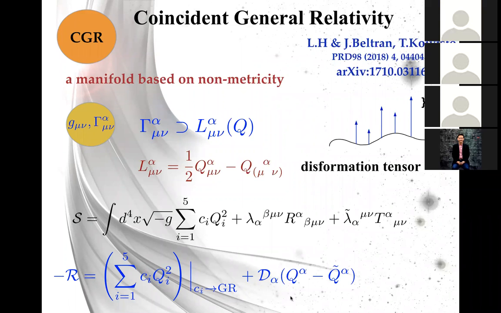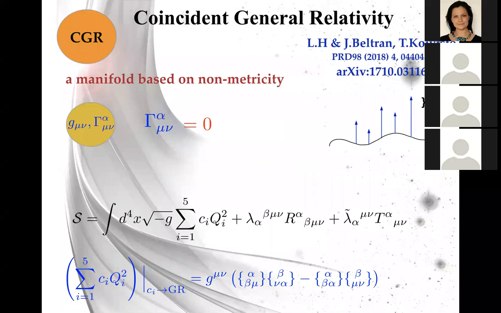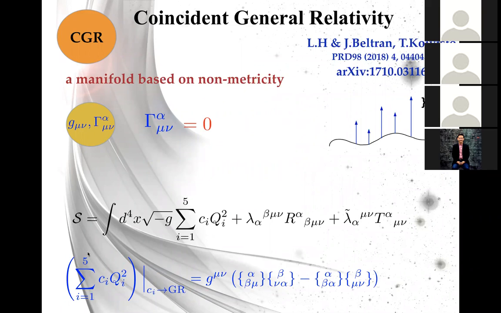Okay, so let me, before I mention a few properties, so in the coincident gauge, as I said, when you choose this specific gauge where you can get rid of the connection completely, then this quadratic non-metricity scalar is exactly equal to the Christoffel squared part of the original Einstein-Hilbert action.